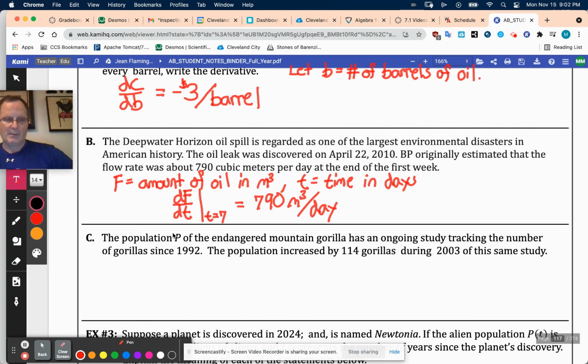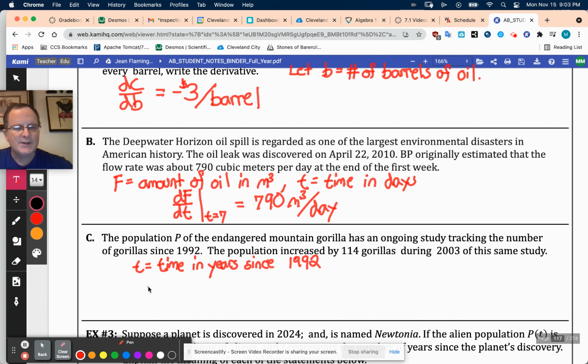So it's population P, so P is the number of gorillas, and we'll say T equals the time in years since 1992, which is found by simple subtraction. It's not the fence post problem. We'll talk about that later.